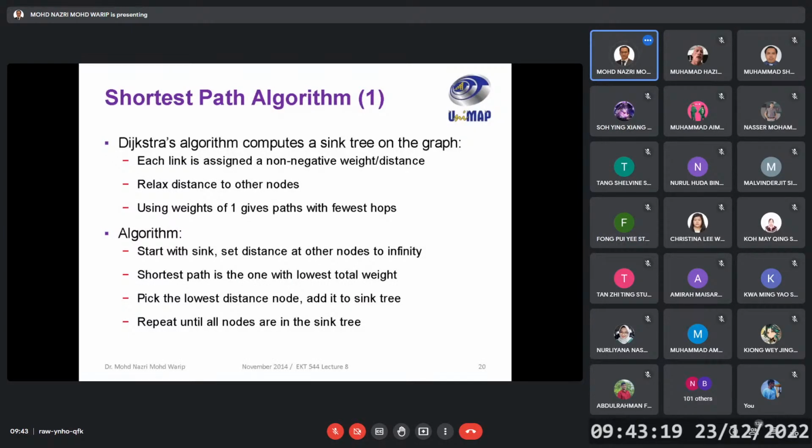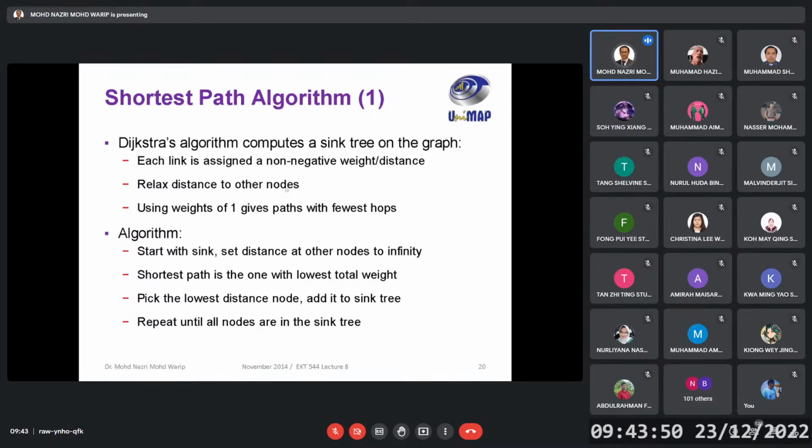Okay, shortest path algorithm, or SPF. Dijkstra's algorithm computes a sink tree on the graph. The algorithm used for this is called Dijkstra; Dijkstra is the name of the person who invented it.